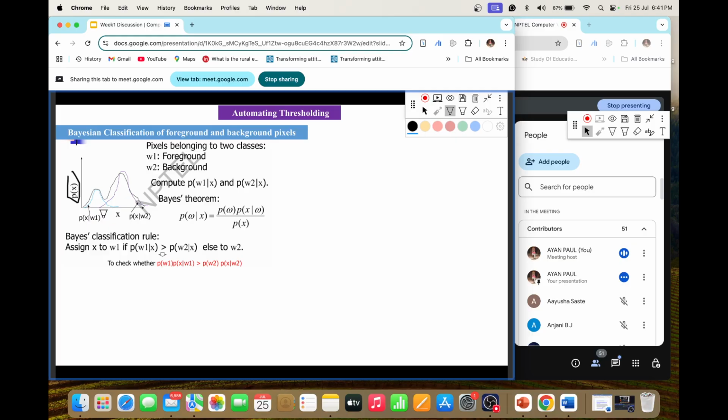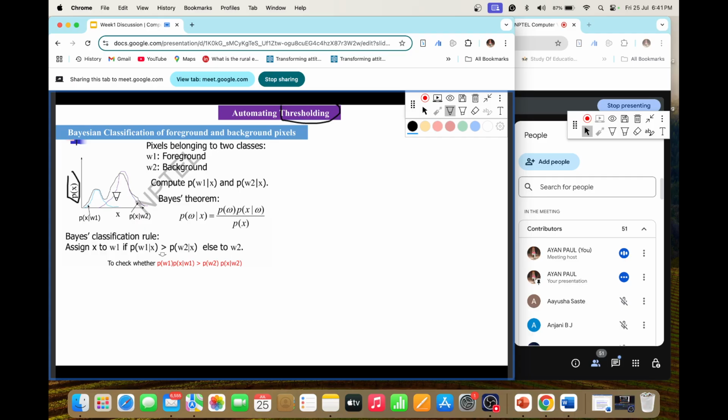Now thresholding means we are separating the image into two classes, foreground and background. Let's say W1 is your foreground. Foreground means the thing that we are interested in, like text. Background means the things we are not interested in, like the background behind the text. That is W2.